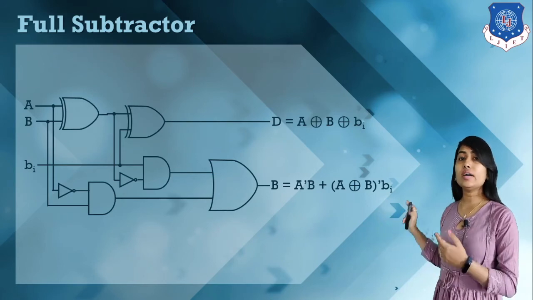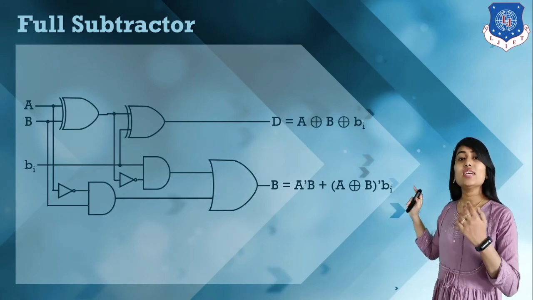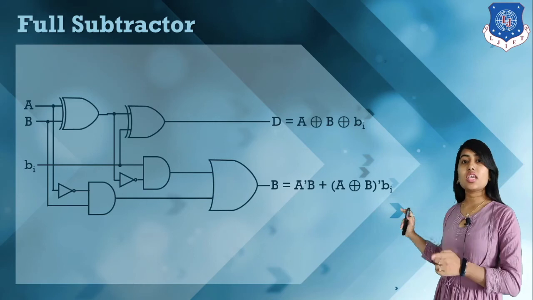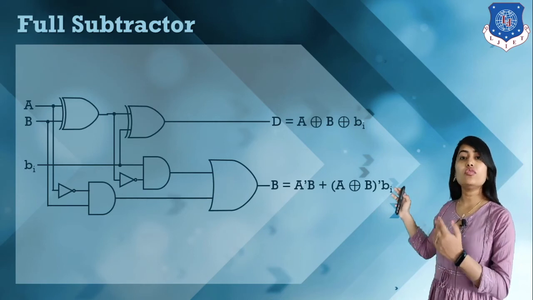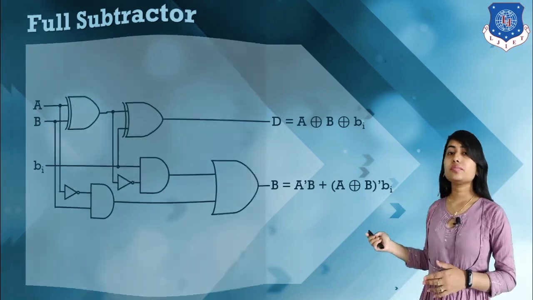So here we have the borrow equation, A'B plus (A XOR B)' into B in. So this is our full subtractor circuit.